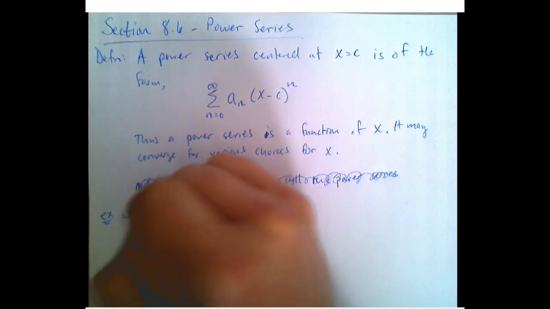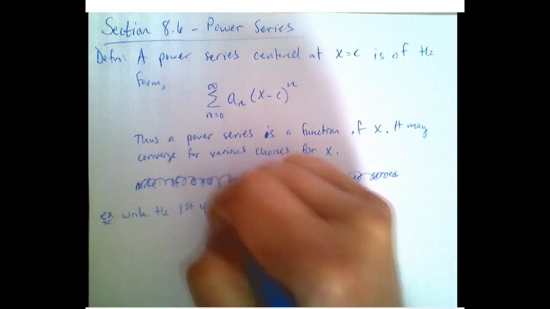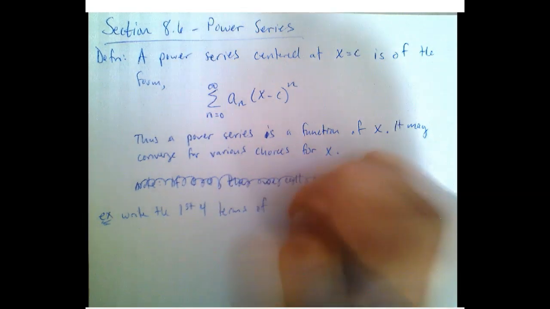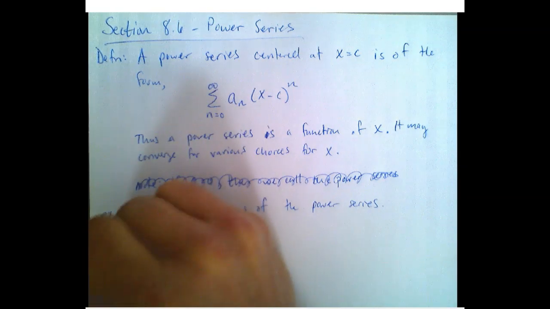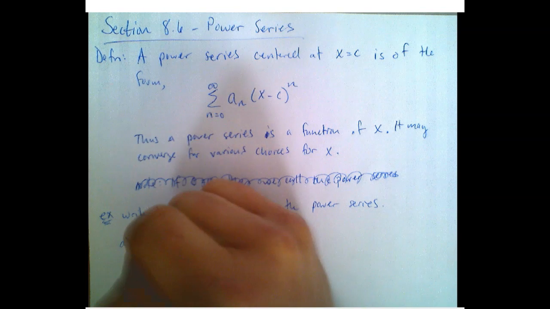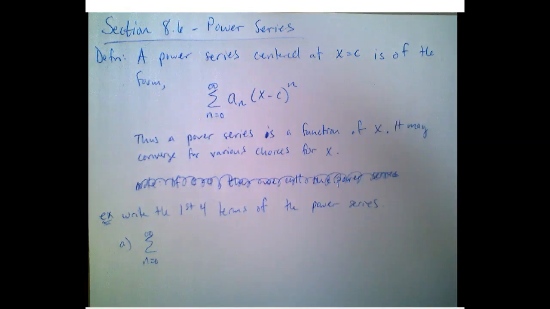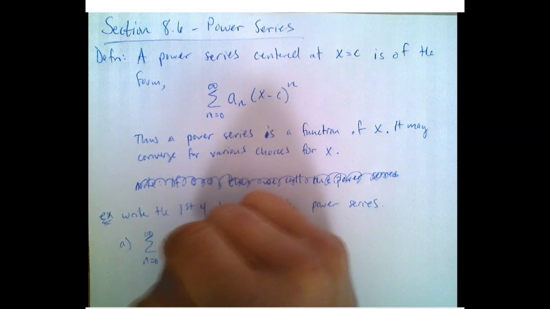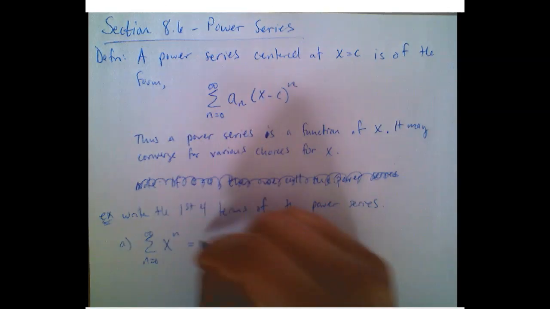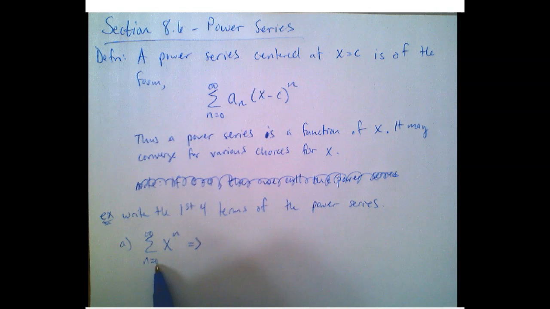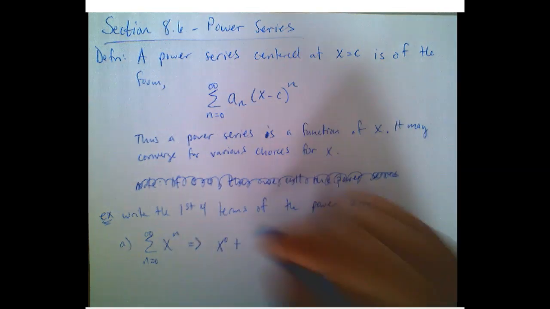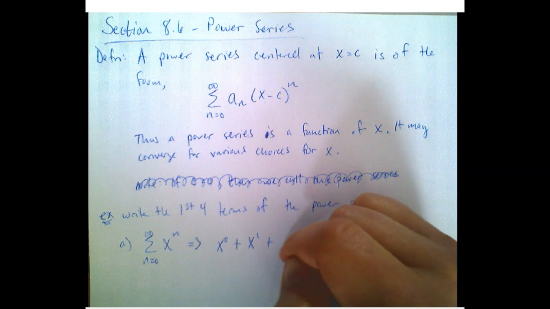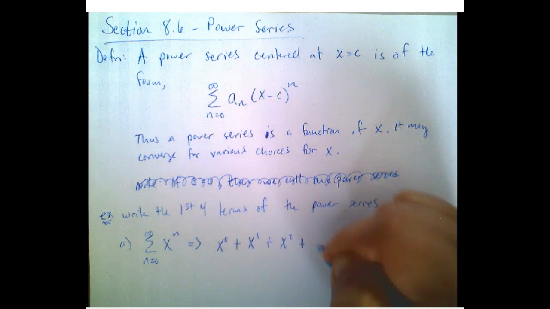Write the first 4 terms of the power series, sigma n goes from 0 to infinity of x to the n. So the first term is when n is 0. So when n is 0, this would be x to the 0 power, plus n is 1, x to the first, and when n is 2, x squared, and when n is 3, x to the third.